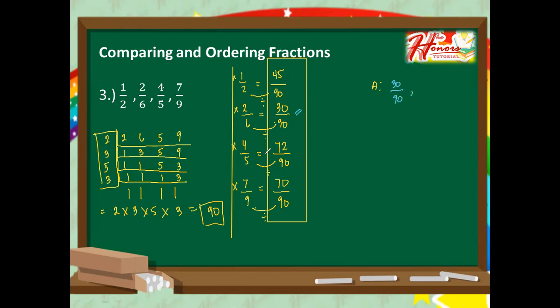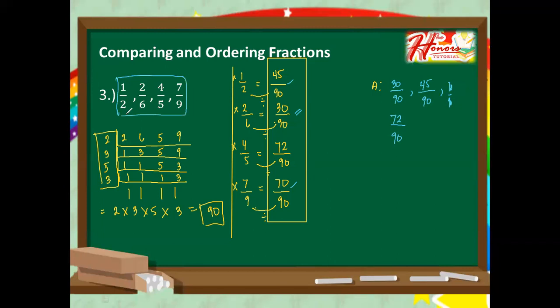And then after that, that's 45, so we have here 45 over 90. And then we have here 70 over 90. And then after that, we have here 72 over 90. But of course, we are going to use the given.